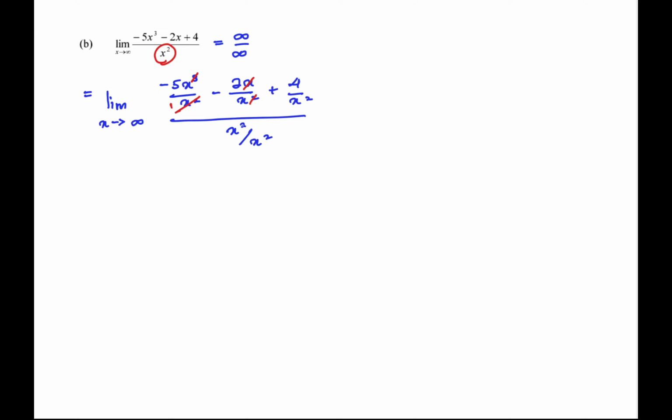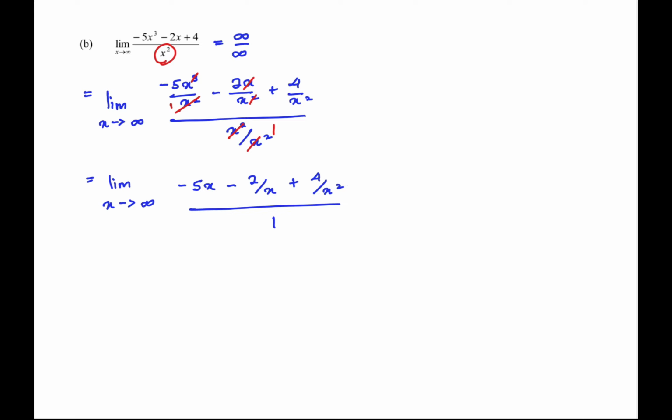Your denominator becomes 1, because x squared divided by x squared is 1. So after we simplify, we get the limit as x approaches infinity of negative 5x minus 2 over x plus 4 over x squared divided by 1.